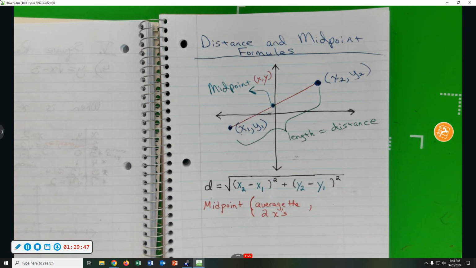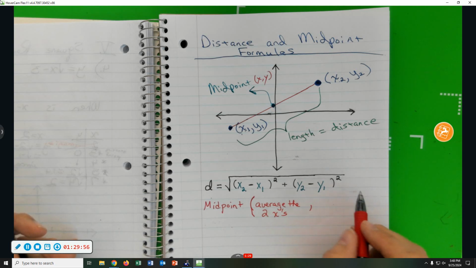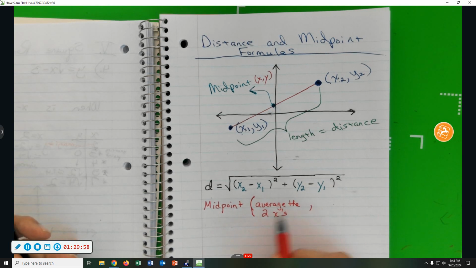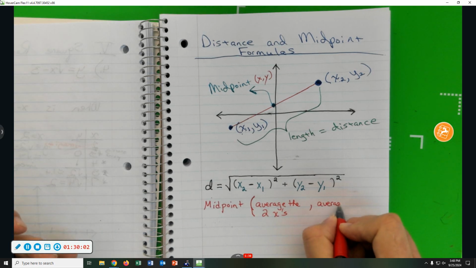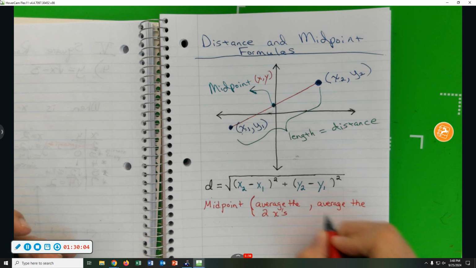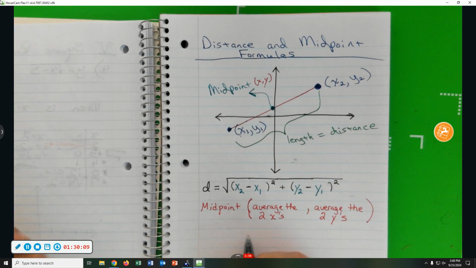And then, following the pattern, I'm all about patterns today, what do y'all think I'm going to write right here to get the y coordinate of the midpoint? Average the two y's. That's right. Well, wait a minute. That's not a formula. A formula's got to be written out.